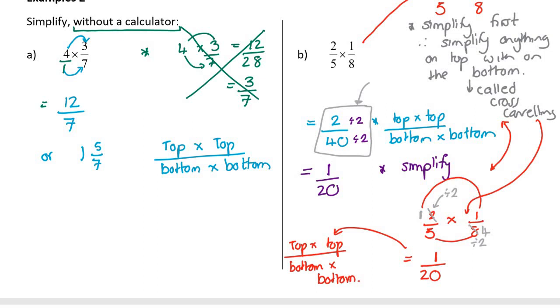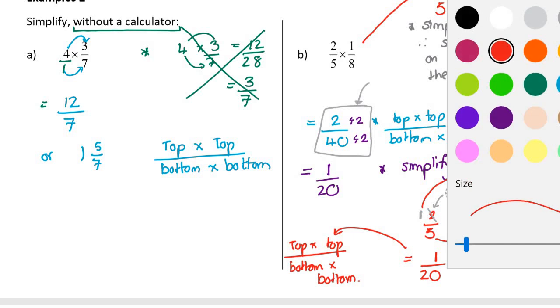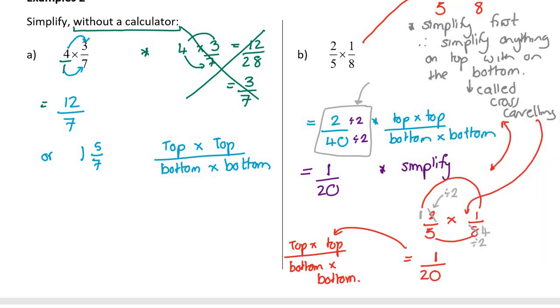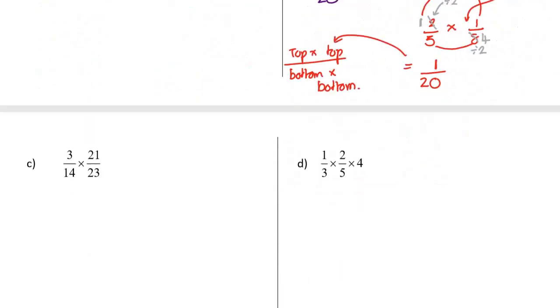So just to summarize, basically you're doing top times top, bottom times bottom, and then simplifying, or you're doing the exact opposite. Now I must say I prefer the cross-cancelling version if my numbers are big, because if I don't know what 12 times 27 is, it might be quite helpful to do some simplifying first. Ultimately, it doesn't really matter, and sometimes I cheat on my calculator for multiplying big numbers.